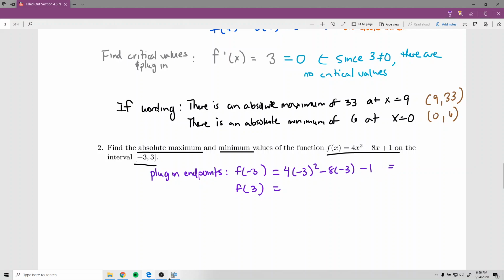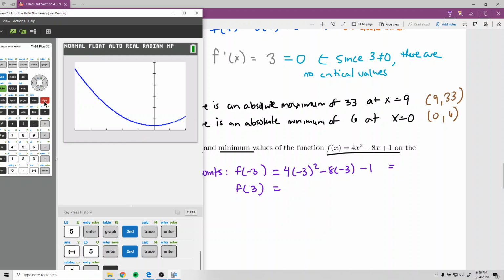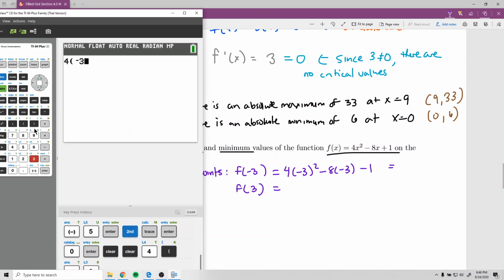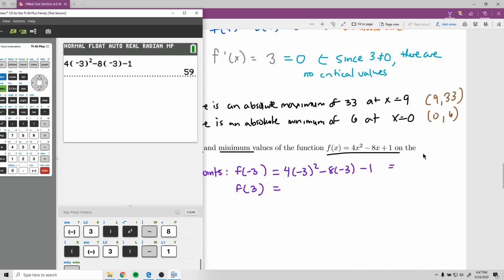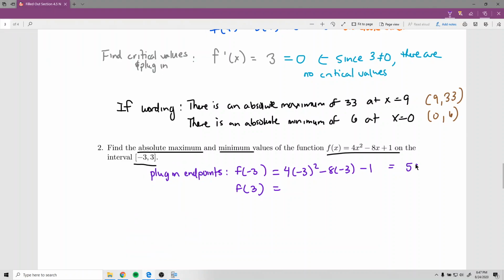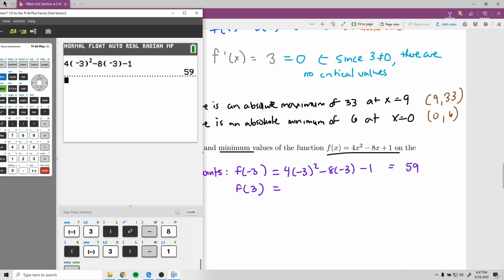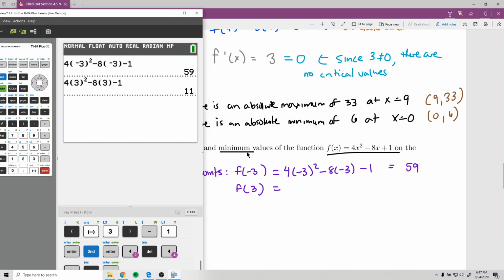And what is that? Let's go ahead and do it on our calculator, just to be careful. And we get 59. And if we plug in 3, we get 11.